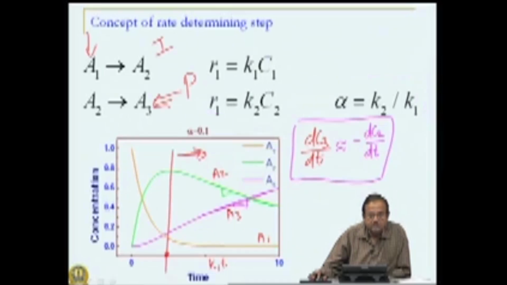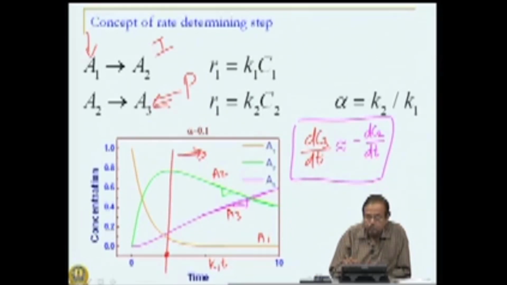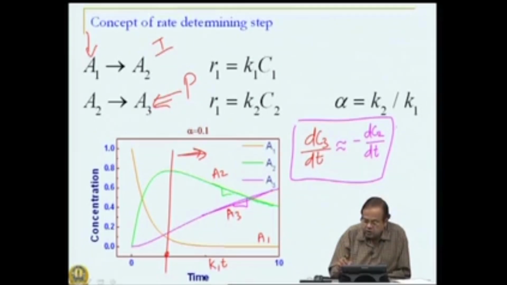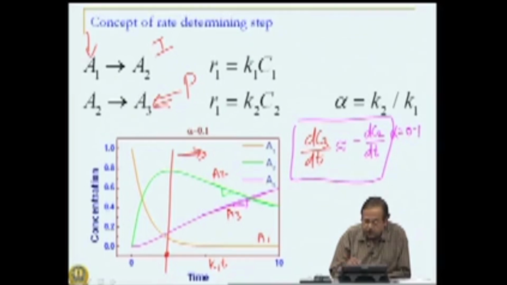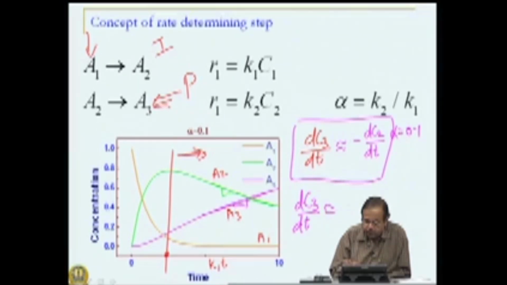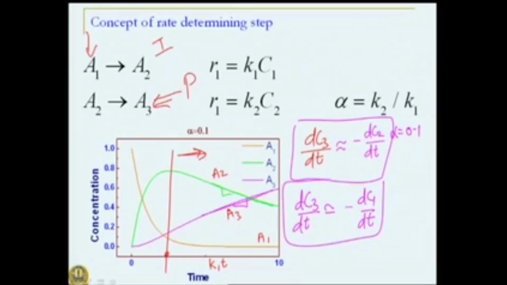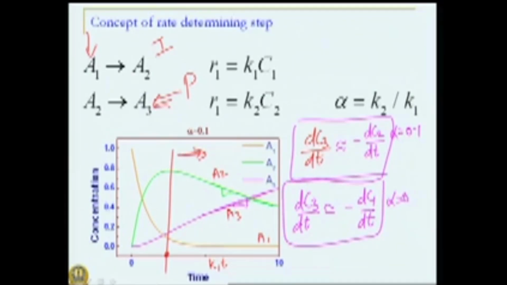In my previous example, when alpha was 0.1, dC3/dt was equal to minus dC2/dt. So, this is for alpha equal to 0.1, and let me write down what happens when alpha is 5.